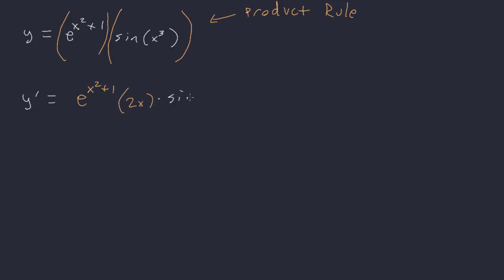Then times the second function left alone, plus the first function left alone, times the derivative of the second function. So the derivative of sine of stuff is cosine of that stuff times the derivative of the stuff. So the derivative of x cubed is 3x squared.